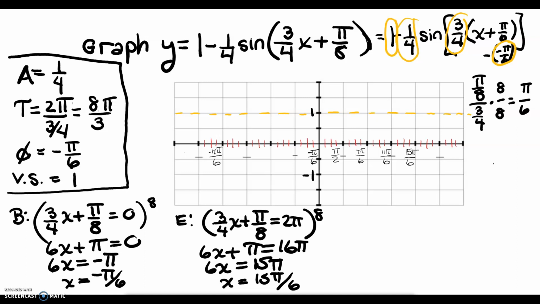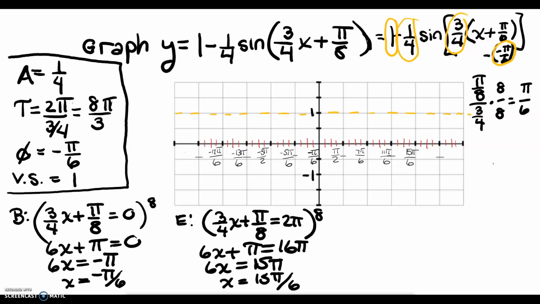I know that 8 is half of those 16, so this is going to be negative 9 pi over 6, which simplifies to negative 3 pi over 2. If I go back and find a quarter of those, a quarter of 16 is 4 tick marks, so I'm at negative 5 pi over 6. And then that was a 9 and 4, so that's going to be negative 13 pi over 6.